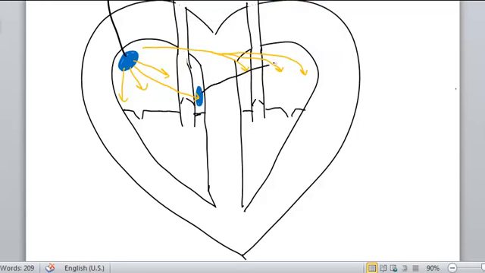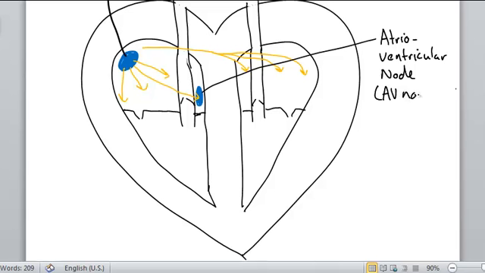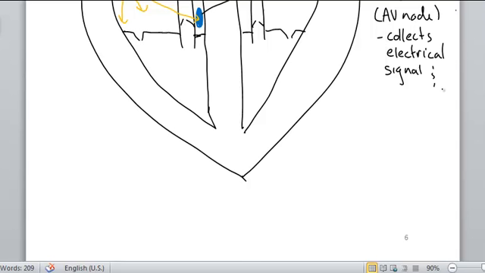So our next node is called the atrio-ventricular node, all one word, just the hyphen for the space on the page, or nicknamed the AV node. And what it does is it collects the electrical signal and passes it on to the AV bundle, atrioventricular bundle.